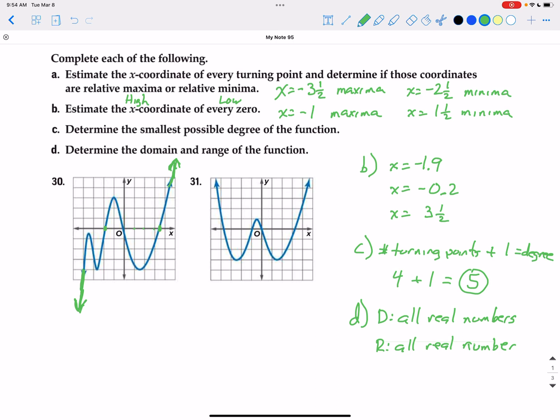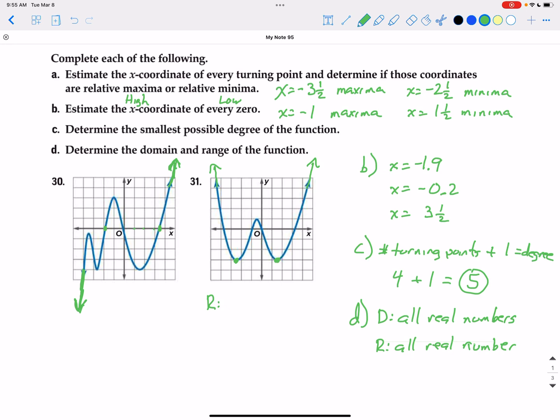Now, that range is different than on 31. Just looking at the range for 31, notice that it is increasing on the right side and the left side, but unlike question 30, it is not decreasing forever. It is only increasing forever on both the right and the left. So the range on this one is going to be based upon the low y values of these W shapes down here at the bottom.